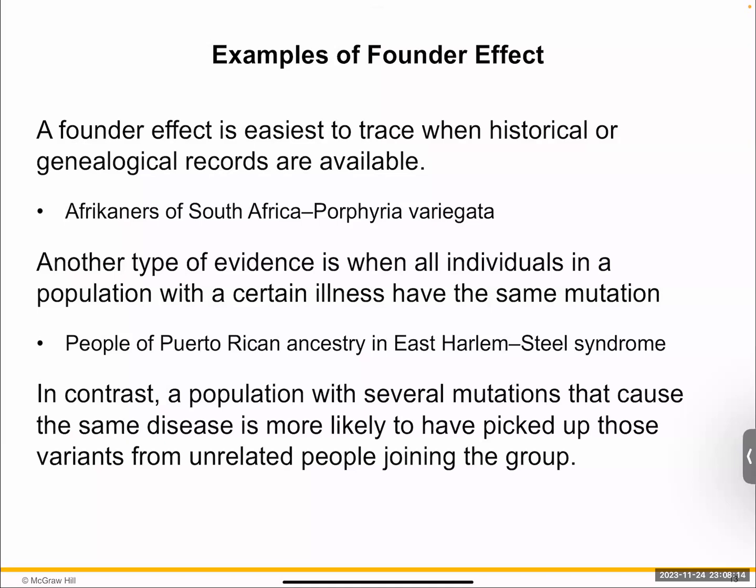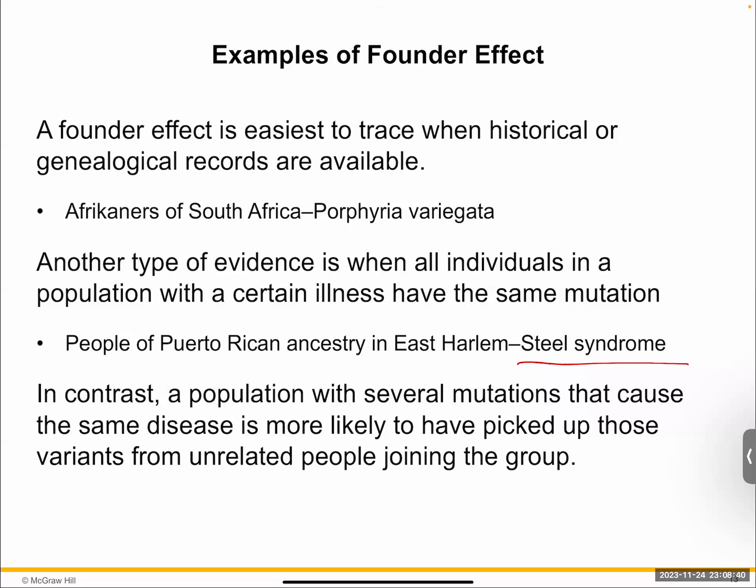Another thing you want to notice is evidence that, where you look at the original population, again, certain mutations or certain medical conditions have a much lower frequency versus a different population. For instance, people of Puerto Rican ancestry in East Harlem have a higher chance of getting Steele syndrome.